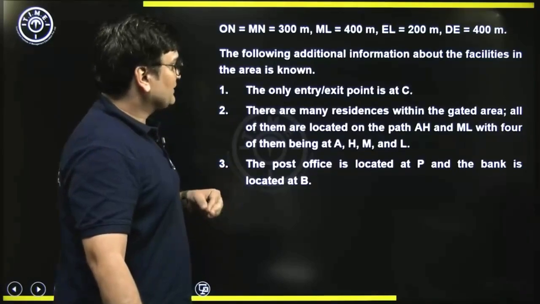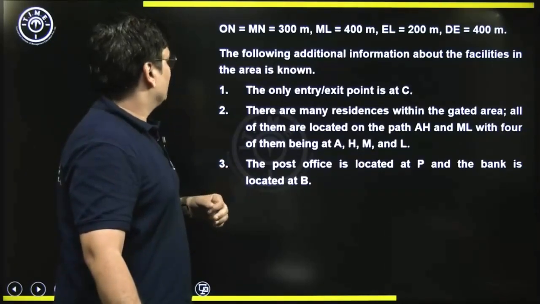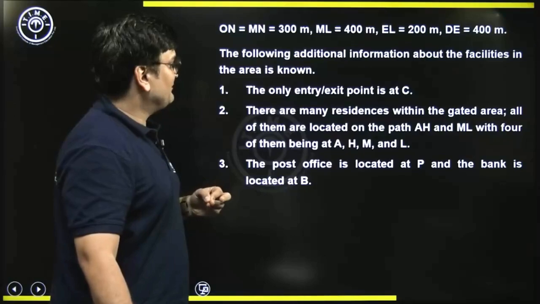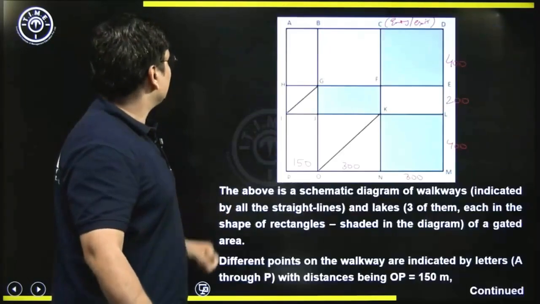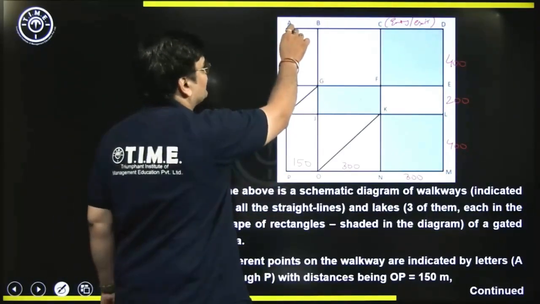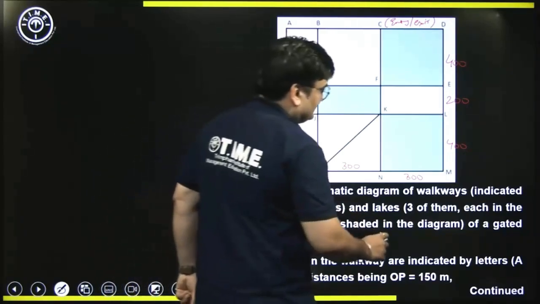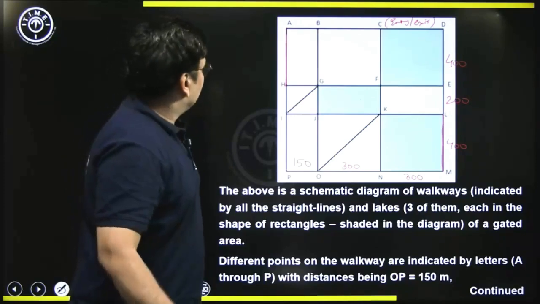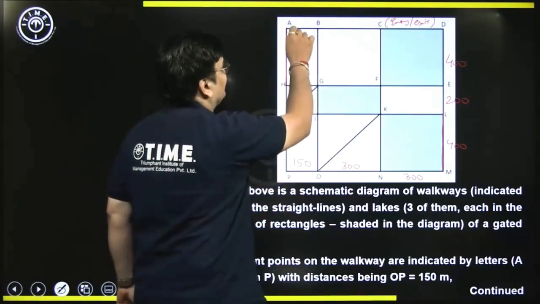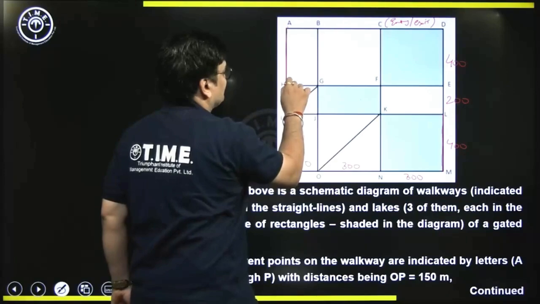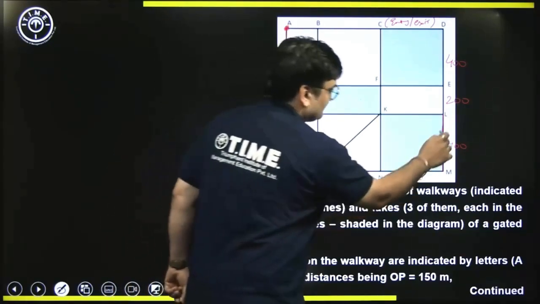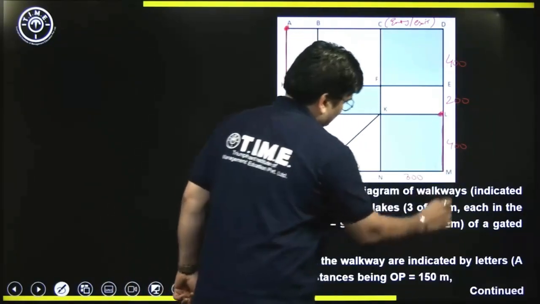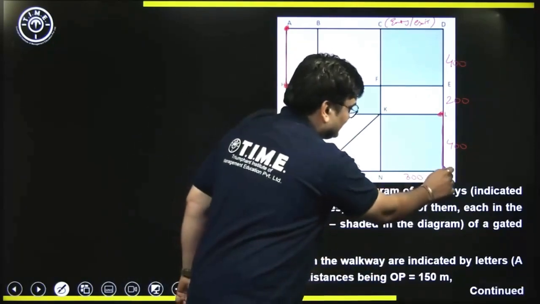All of them are located on the paths AH and ML, with 4 of them being at AH, M and L. So, this is your residential area, AH and ML. And there are houses at AH, M and L.